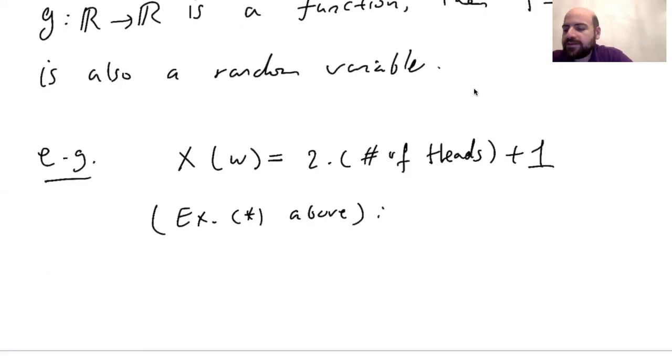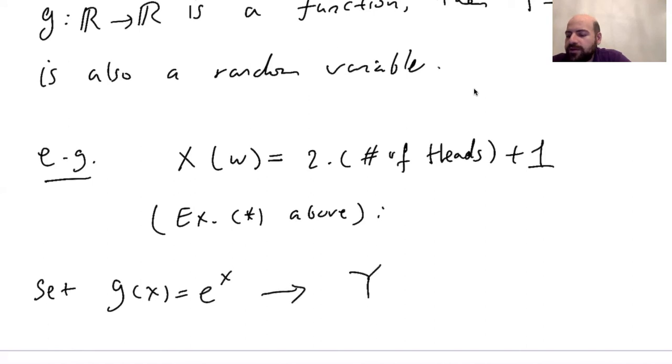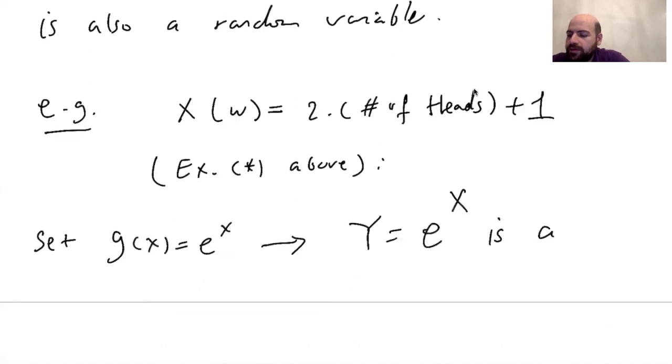Then let's say I consider a standard function, like a high school function, say g of x equals e to the x. Then I can say that capital Y equals e to the capital X is a random variable.